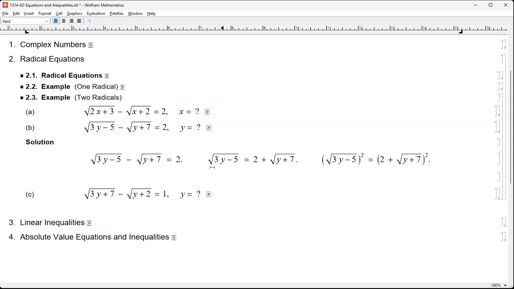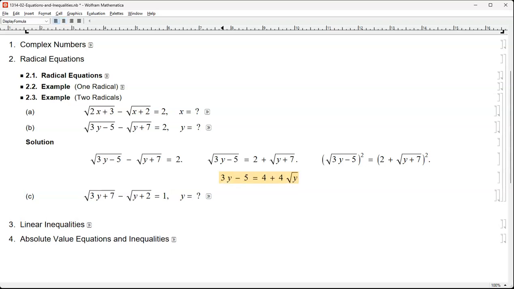So let's go ahead. The left hand side is pretty much all set: 3y minus 5. And the right hand side, let's use the complete square formula. A squared, so 4. 2 times a times b, 2ab, so 2 times 2, 4, times square root of y plus 7. And then b squared, which is y plus 7. The square root disappears.